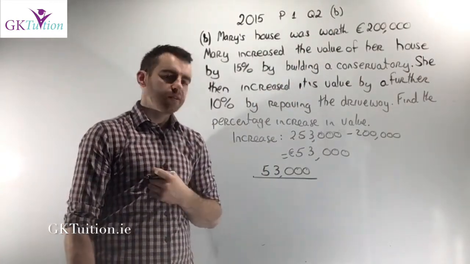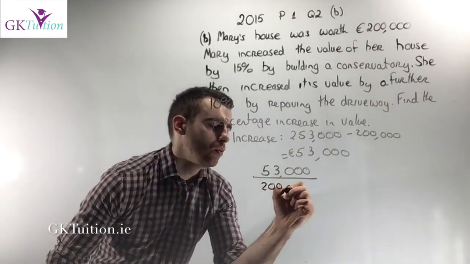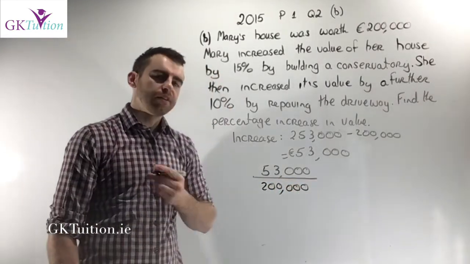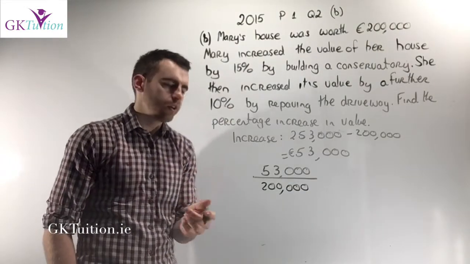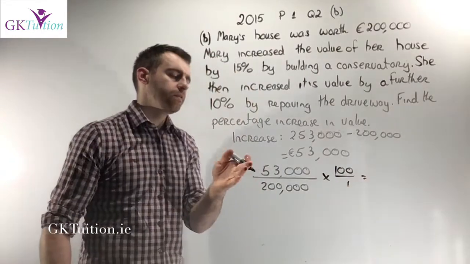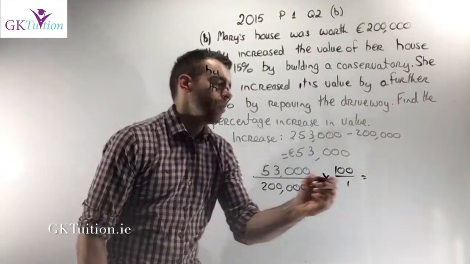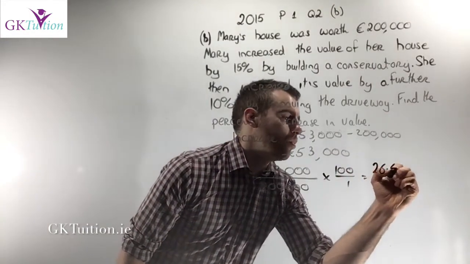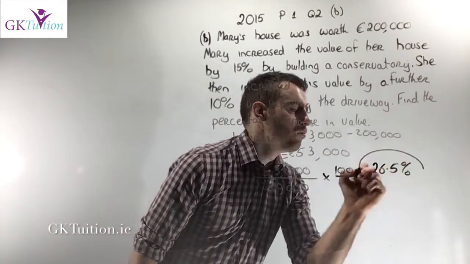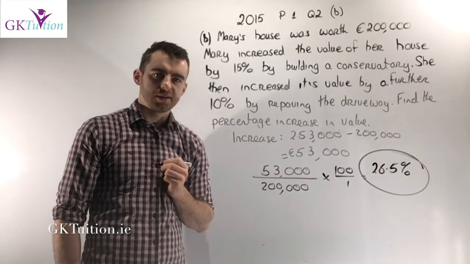The house has increased in value by 53,000 and originally it was worth 200,000. 53,000 divided by 200,000, and then to turn it into a percentage, you multiply by 100 over 1. My answer works out as 26.5%. So overall, Mary's house has increased in value by 26.5%.